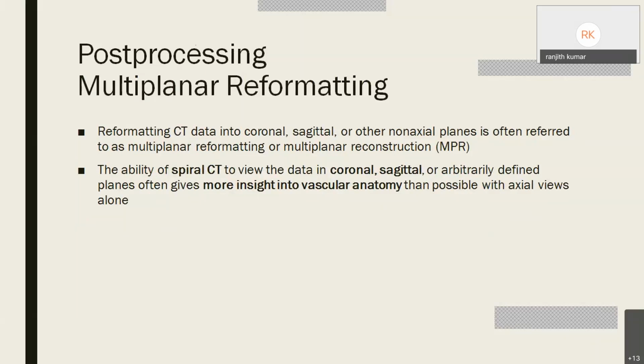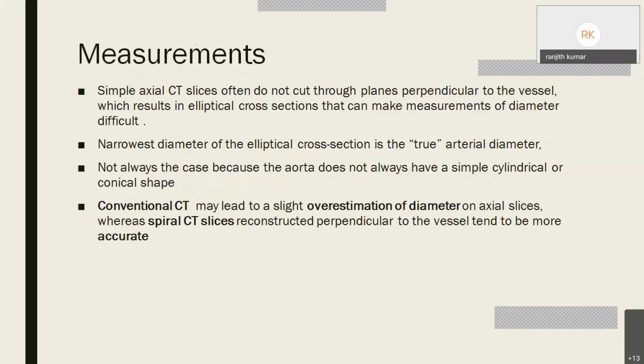And with the development of spiral CT, there is more insight into the vascular anatomy than with axial sections alone. So coming to the measurements in CT, a simple CT scan usually runs perpendicular to the vessel. That is, the cut runs perpendicular to the vessel.